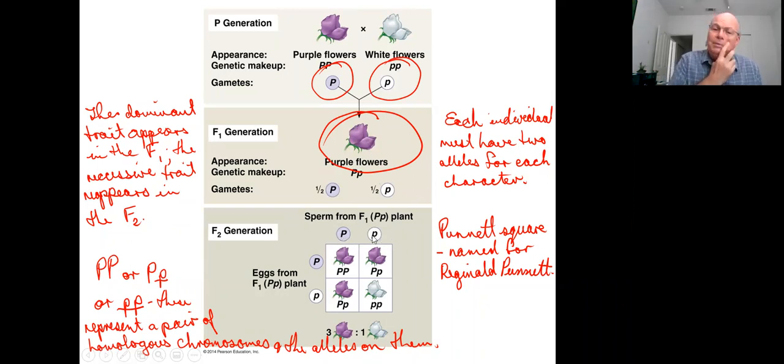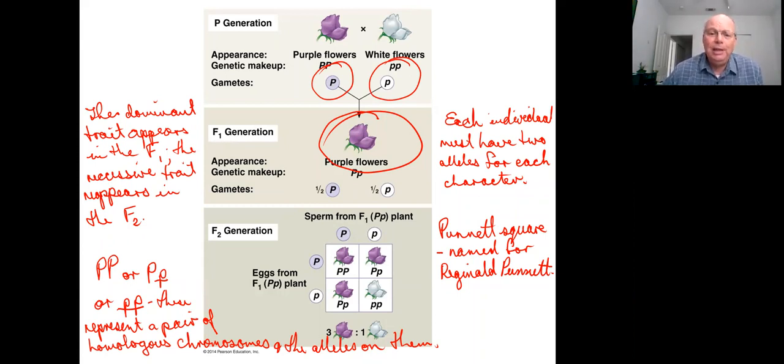Now, just a comment on the big P, little p situation here. In Mendelian genetics, and only in Mendelian genetics, the letter that designates the alleles is chosen on the basis of which of the traits is the dominant trait. So in this case, it's the purple flower color that's the dominant trait. So we choose P as the letter to designate the two alleles here.